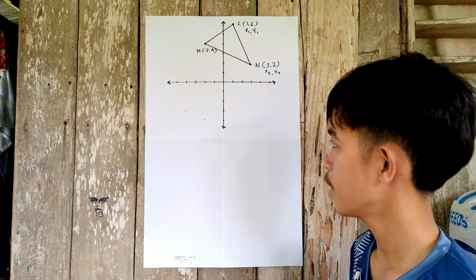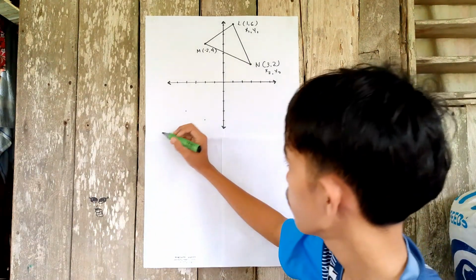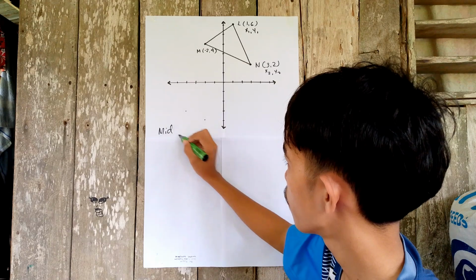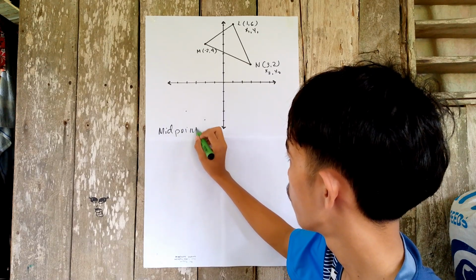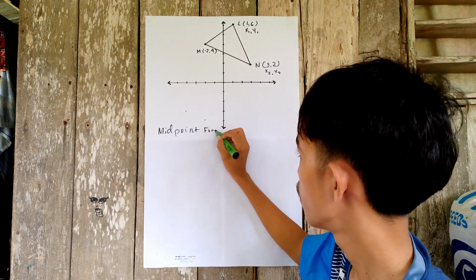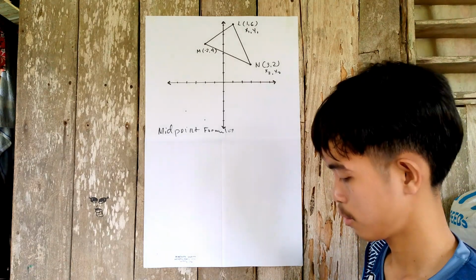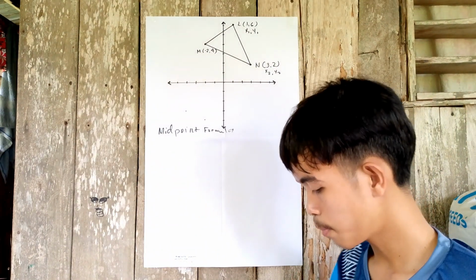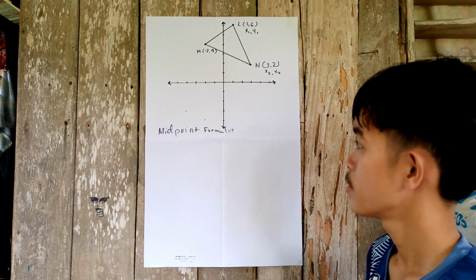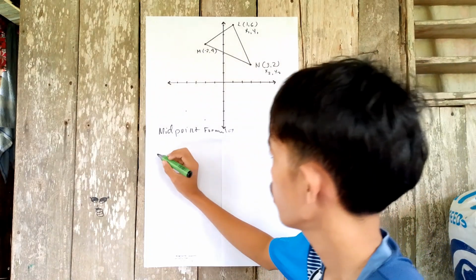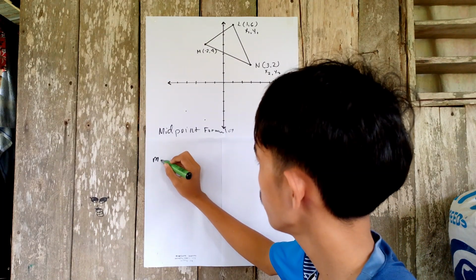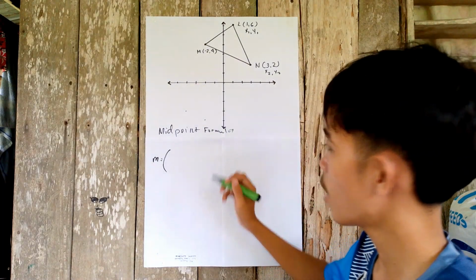So we will solve again using the midpoint formula. The midpoint formula is again M equals x1 plus x2 over 2, and y1 plus y2 over 2.